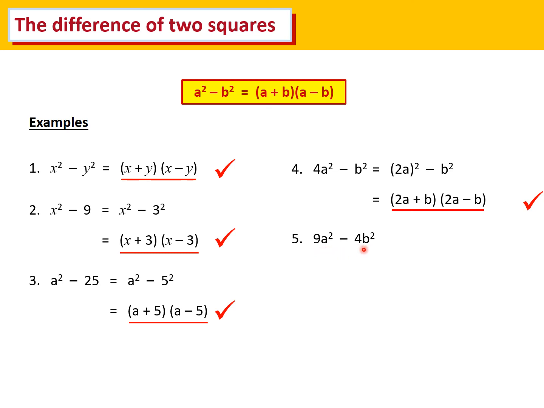What do I have to square to give me 4b squared? And the answer is 2b. Therefore, we rewrite this as a difference of two squares by writing it as 3a squared subtract 2b all squared. And now we can rewrite that in bracket form, 3a plus 2b, 3a minus 2b.